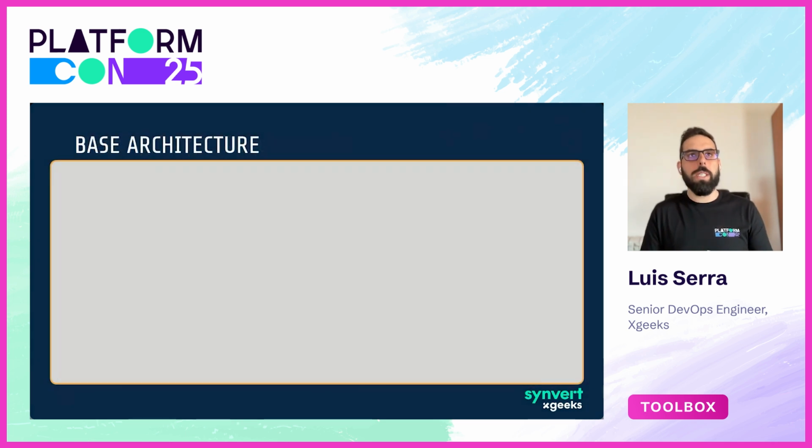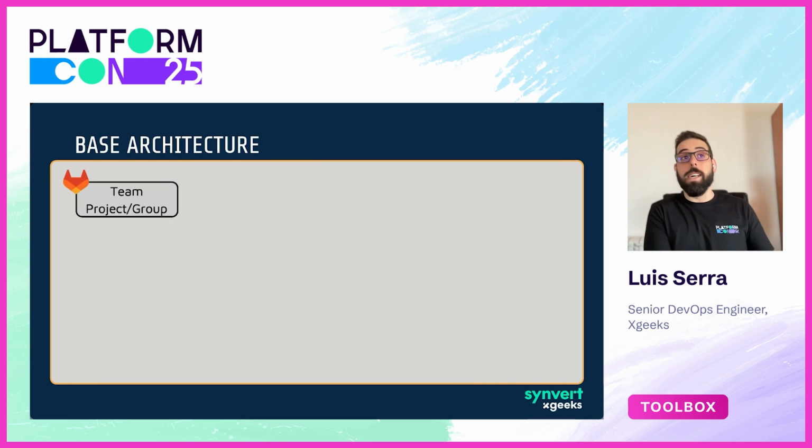So let me try to explain what this means in terms of base architecture. Our product is a Terraform module that basically abstracts all the infrastructure setup layer from the users.